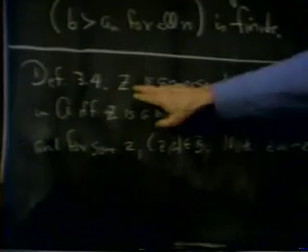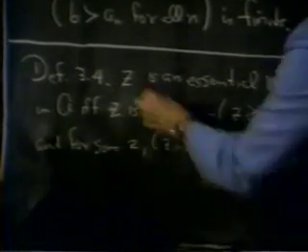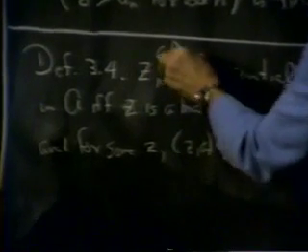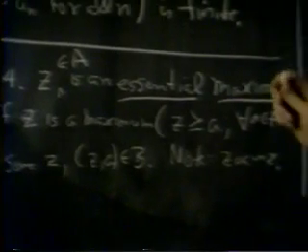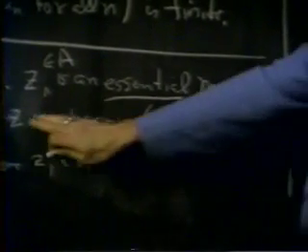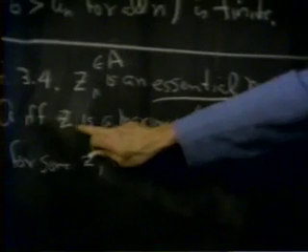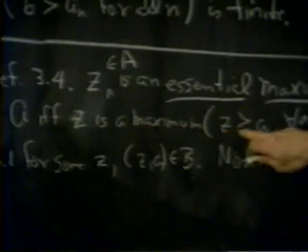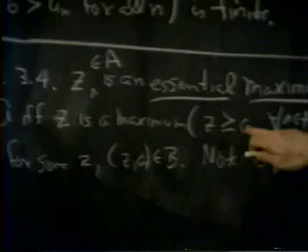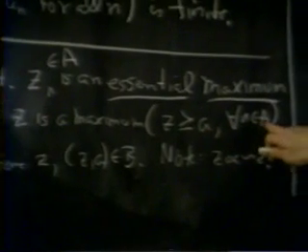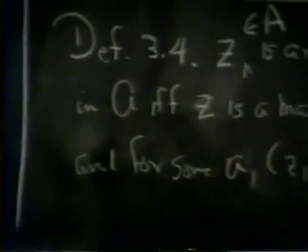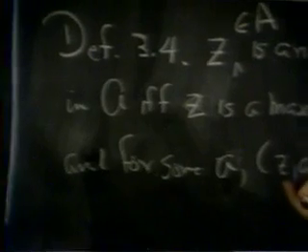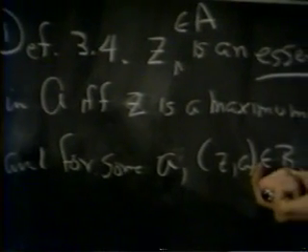I'll say that an element Z of A is an essential maximum in A if and only if, first of all, Z is a maximum element, that is, Z is at least as large as A for every A in capital A, and secondly, for some element A in the structure, Z can be concatenated with it.